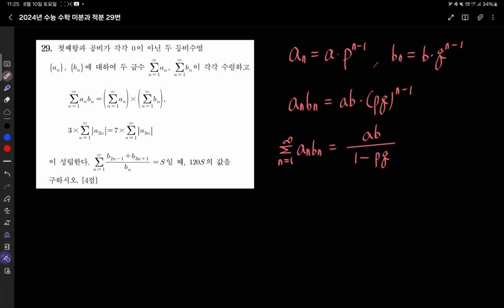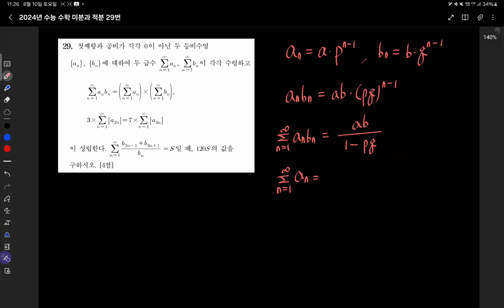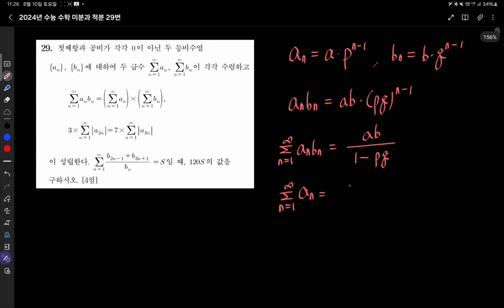And for each infinite series, the first series is A over 1 minus P. And the second series is B over 1 minus Q.